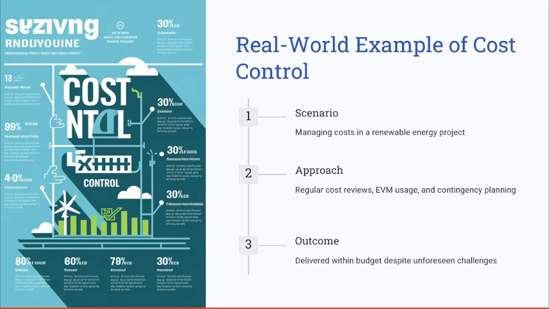The project manager identified the areas of inefficiencies and reallocated the resources effectively. By having regular cost reviews, EVM usage, and contingency planning, the contingency reserve was used strategically to address the unexpected expenses, enabling the project to be completed within the approved budget.